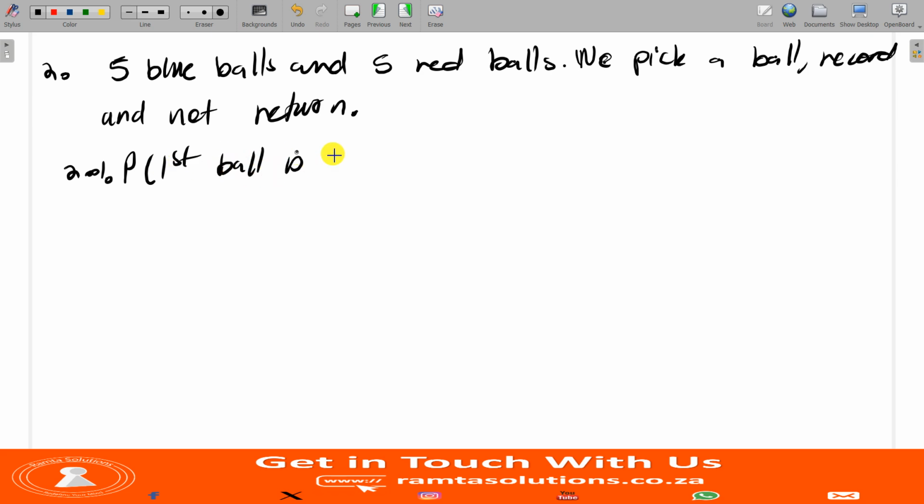First ball is, let's say red. Let's start with red. Probability that the first ball is red. Second question, what is the probability that the second ball is blue?